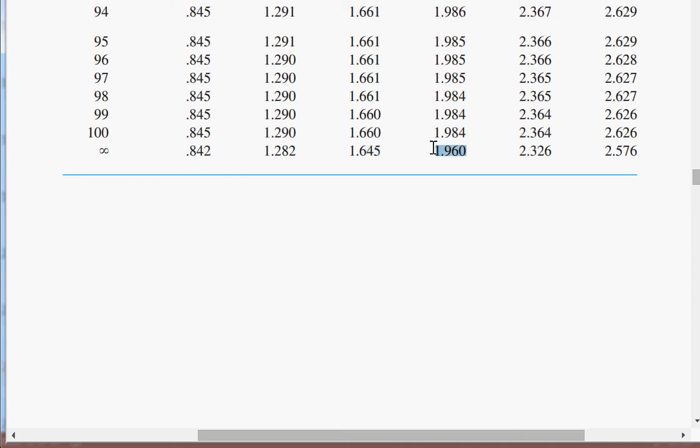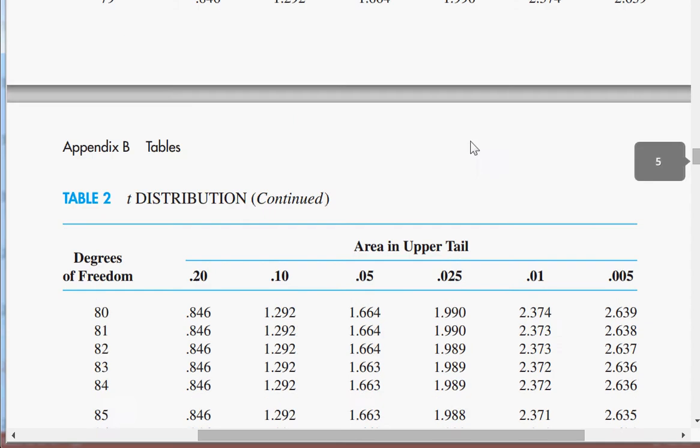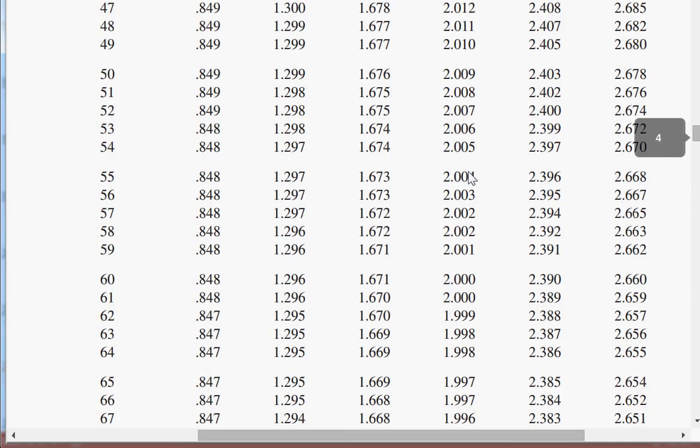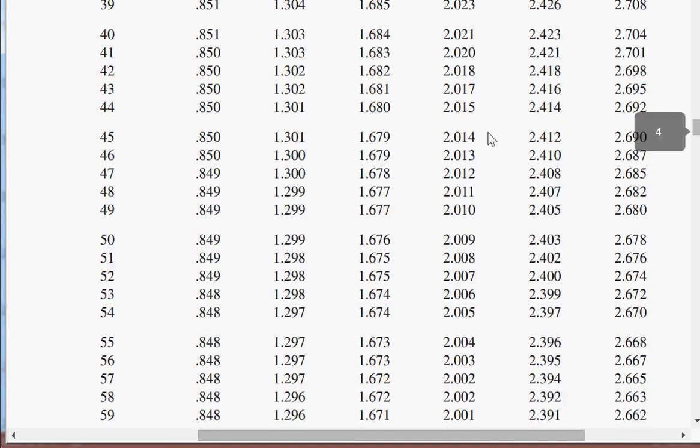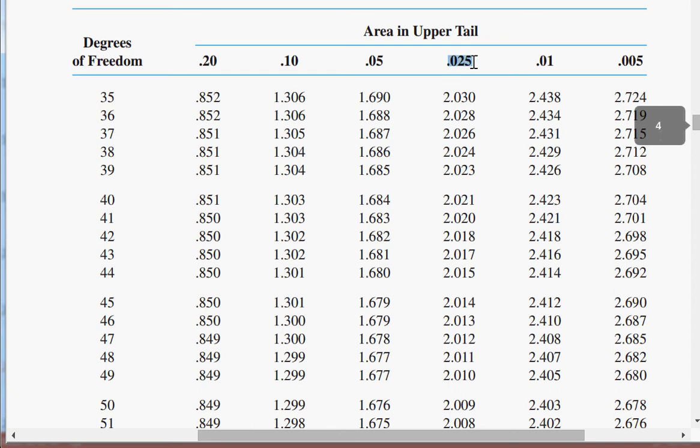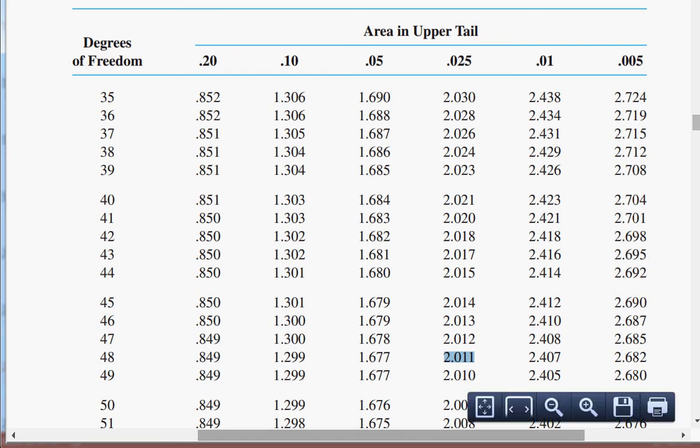So the z value is what? What column must I be in here? 0.025. What row do I have to be in to get the t value though? So in column 0.025, 48 is 2.011, kind of close to 1.96?